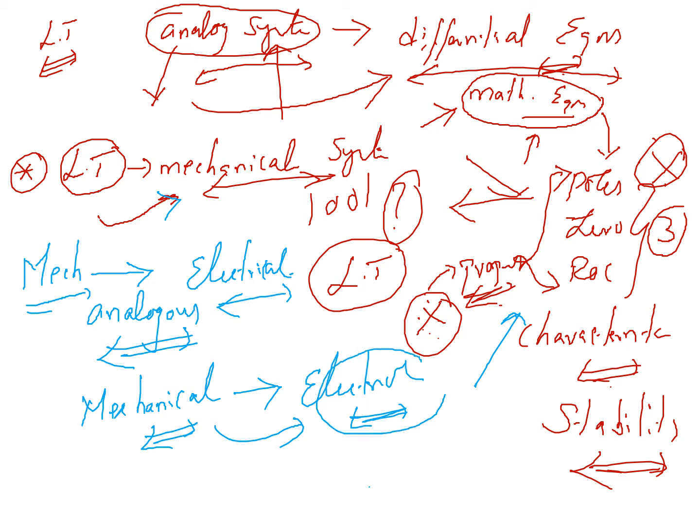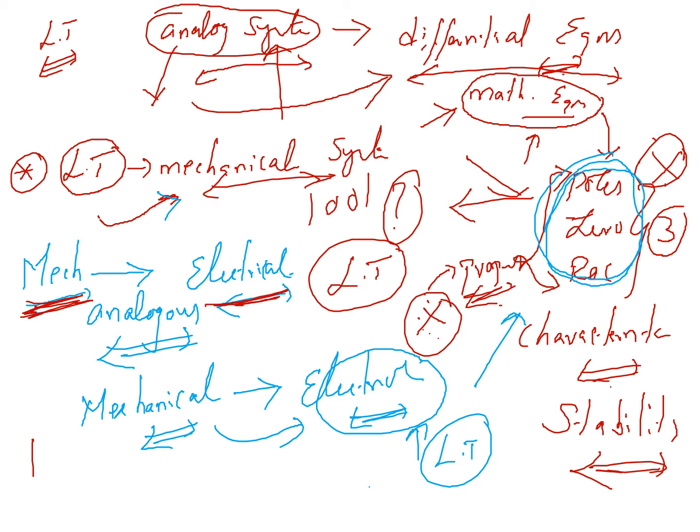Then for this electrical system, I have Laplace transform to do the analysis so that I can perfectly find the location of the poles, zeros, region of convergence, so that I can improve my design. Mechanical device, electrical circuit, analogous means equivalent idea used; we are going to discuss about this, okay?